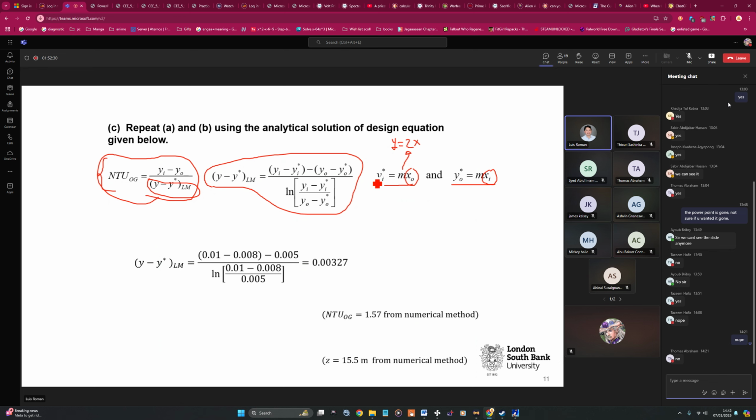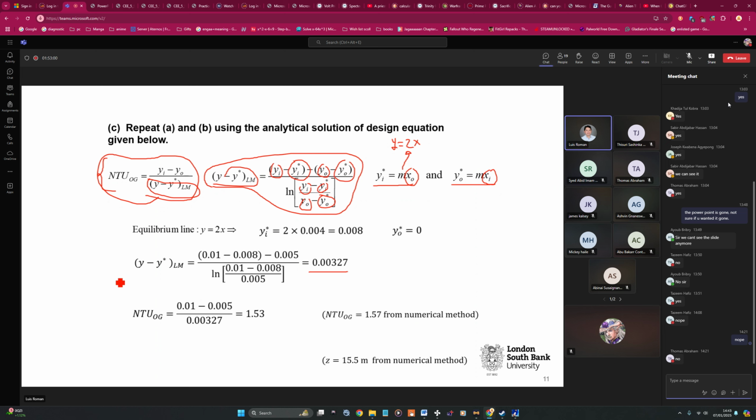With these equations, then you can calculate these values at equilibrium, and you have the values at the inlet and at the outlet. So you have all the information now to calculate this term, and then you substitute.